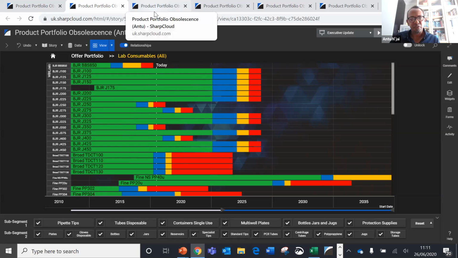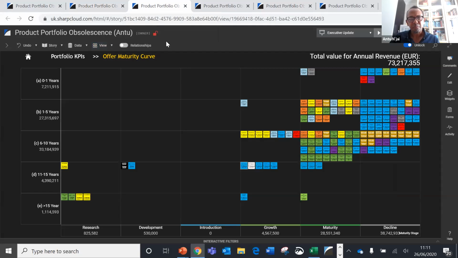Taking that forward, this is where we can start to think about what that picture tells us about the health of the organization. What we'll see here is the same individual products, but now shown as boxes. They are the rows of data, and a total for what the portfolio is worth. So how much is this portfolio worth over the next periods of time?